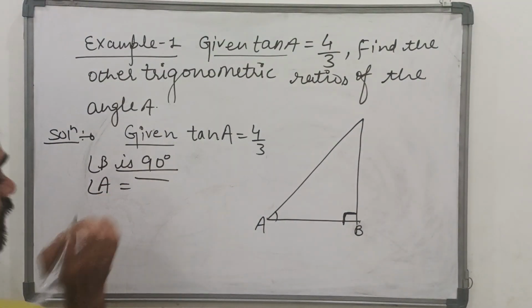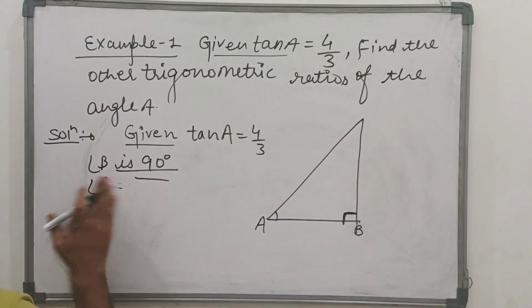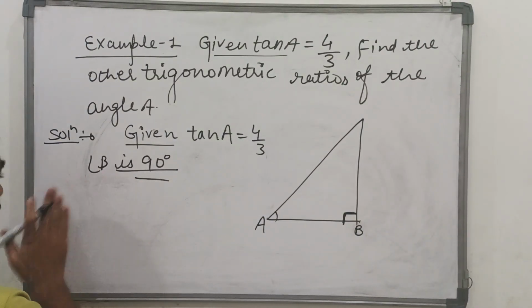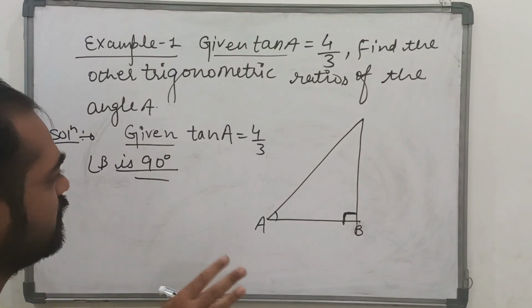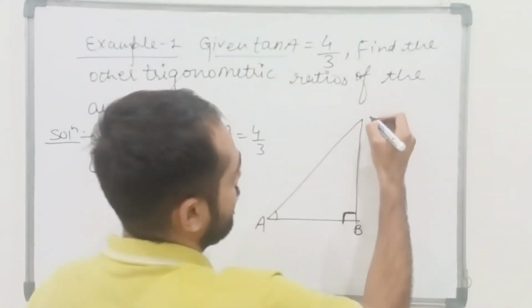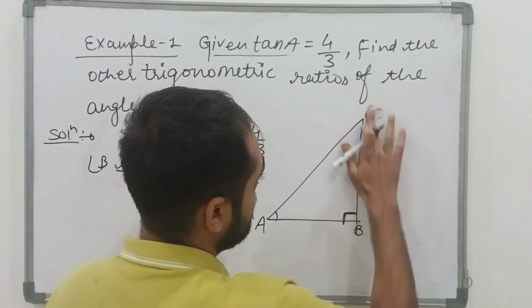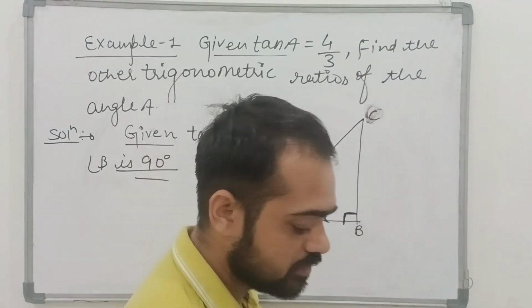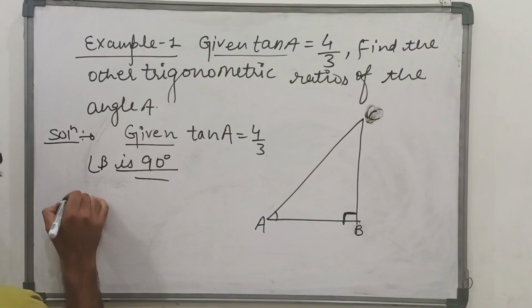We can consider angle A in the form of trigonometry ratios. Angle B is there, and C is also there. So we have a triangle ABC.